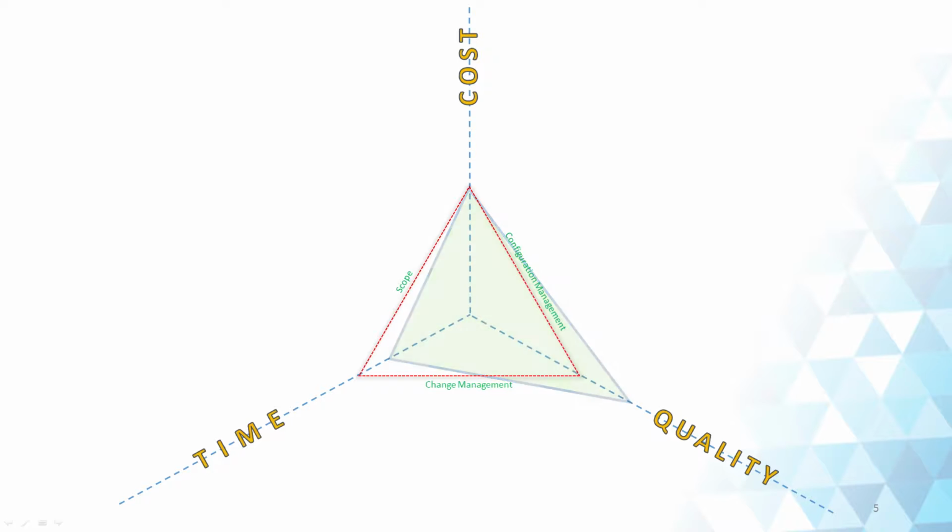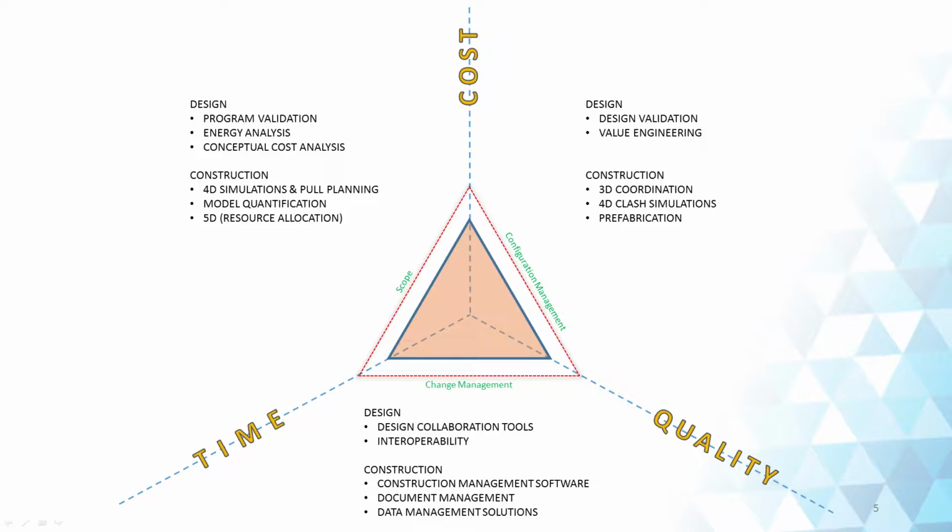But how can we achieve bringing those vertices closer to the center, right? We can do that through the use of information, reducing things that are uncertain, being able to connect points, and for that matter, becoming more predictable. It's all about predictability.